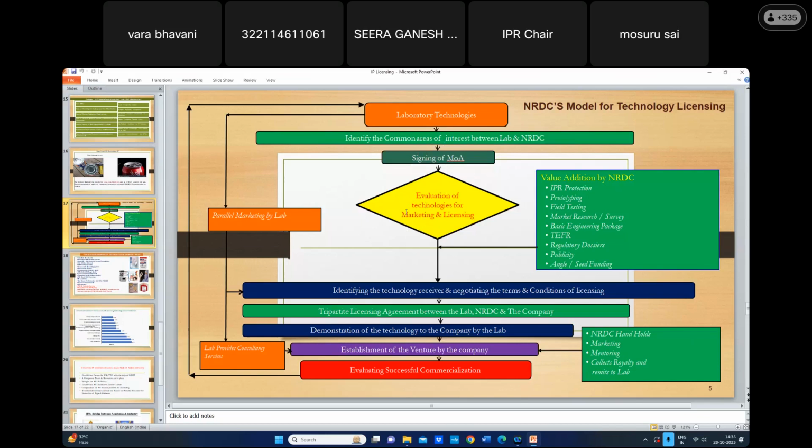You might know that during the last 2 years, Andhra University filed 100 patent applications. We got almost 100 patents now in the name of Andhra University. We may not be able to license these technologies on our own. That's why we signed an MoU with NRDC. NRDC is helping us.